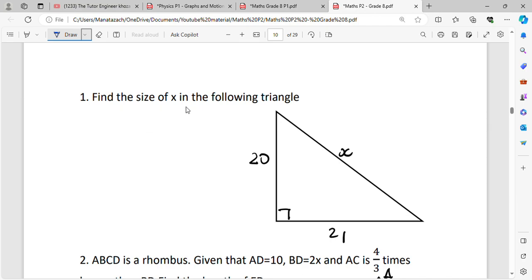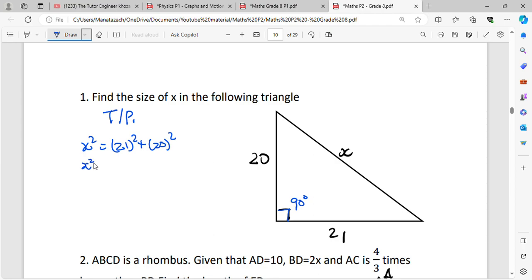Find the size of X in the following triangle. So this is the right angle triangle, and this angle is 90 degrees. That means you can use the theorem of Pythagoras, which says the hypotenuse side squared is equal to the adjacent side squared plus the opposite side squared.